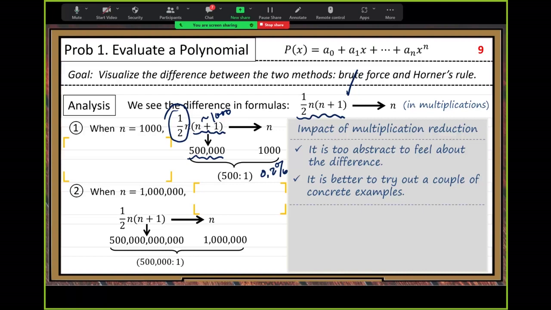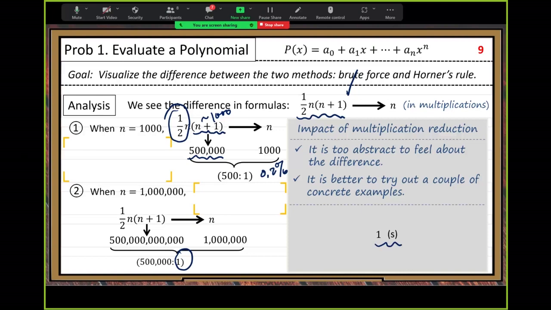Suppose we apply these two methods on a particular polynomial, and we know the difference of their response times is this big, 500,000 to 1 ratio. In order to see the difference better, here I use a concrete time unit. For Horner's rule, this one corresponds to 1 second.